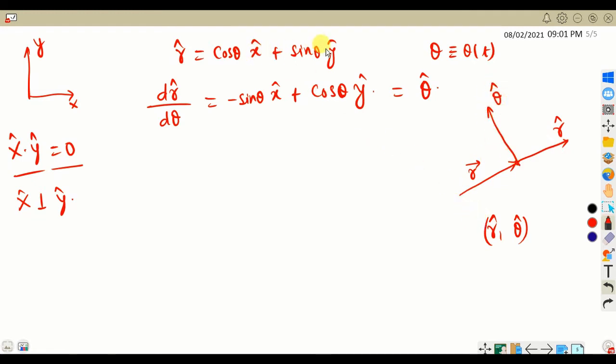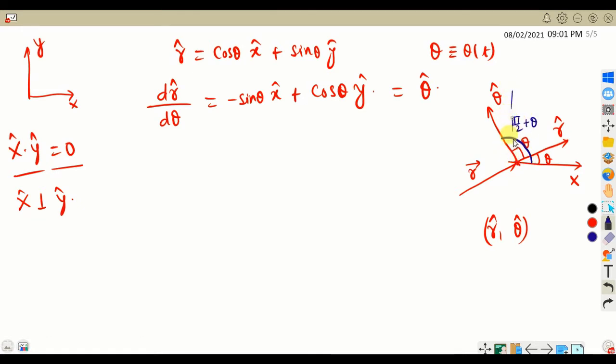So we started from x hat and y hat, and now we are rewriting everything in terms of r hat and theta hat. Theta hat from x is making angle theta. Now this is again perpendicular to here, so from here to here it will be pi by 2 plus theta.